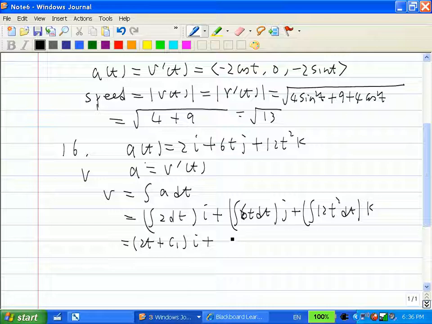Since we will have other constants, we make a different notation for each. For the second, you integrate and get 3t squared plus c2, j. Integrating the third one, you get 4t to the third plus c3, k.